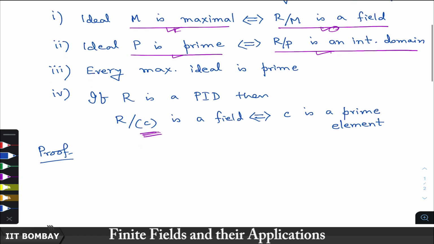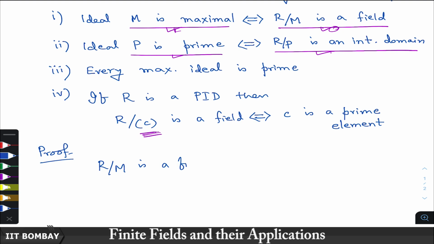The first statement is quite obvious from the structure of ideals that we have discussed before. What does R by M being a field mean?